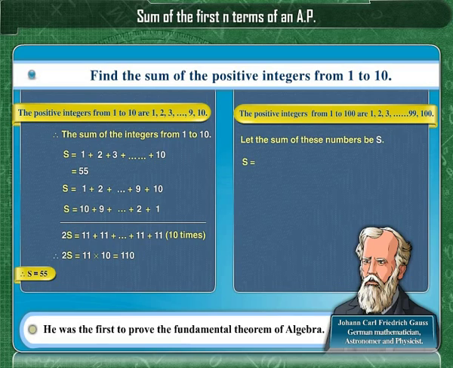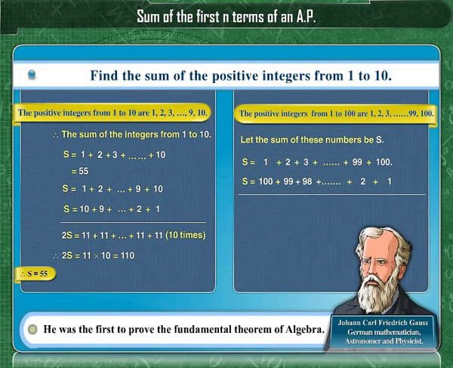S is equal to 1 plus 2 plus 3 and so on up till plus 100. This can also be written in the reverse order as S is equal to 100 plus 99 plus 98 plus so on up till plus 1.